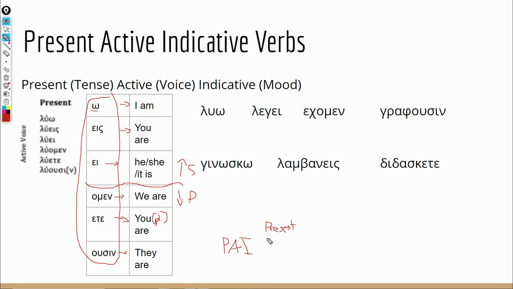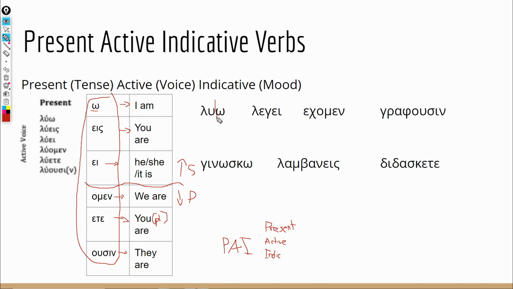It is like ongoing, it's currently unfolding. Active, which simply means that the subject is doing the action. And indicative, which simply means that these verbs are describing something about reality. So, let's go through these now, shall we?